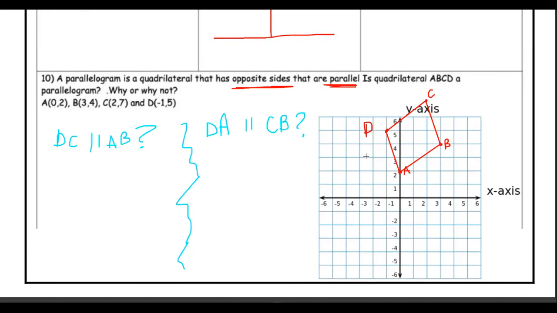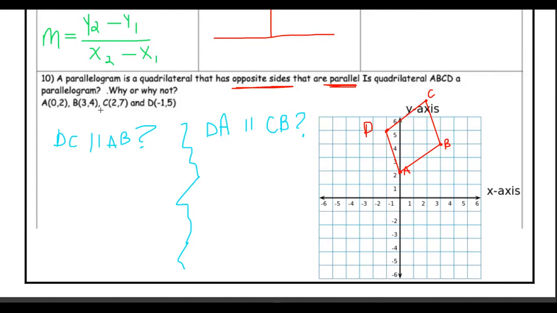So let's get busy. When you find slope and you have 2 points, you can use the formula we learned in the last lesson, which is y2 minus y1 over x2 minus x1. Okay, so that's what we'll use. We also saw this back in the first unit of geometry this year.